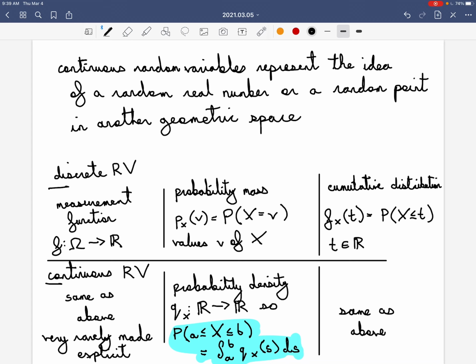So even though there's 0 probability for X to hit any value with precisely no error, there's still positive probability of X lying within non-trivial intervals where a is strictly less than b, and that probability is calculated by integrating the density q.